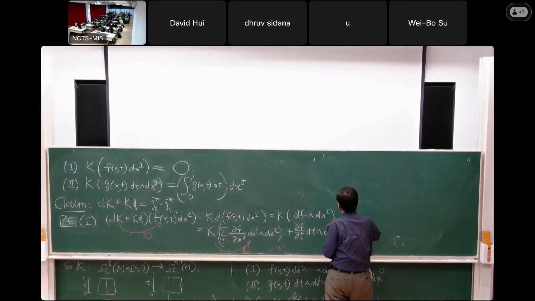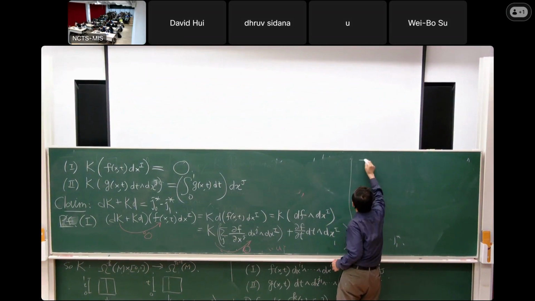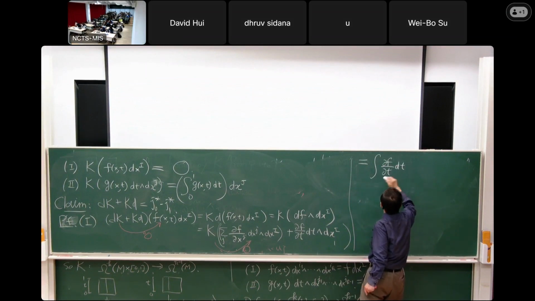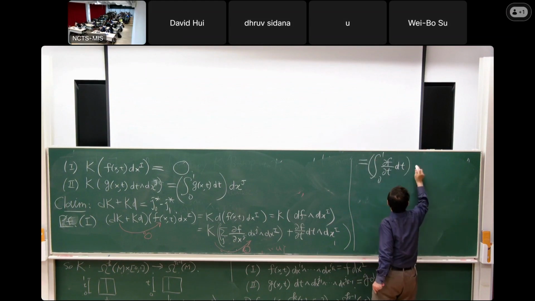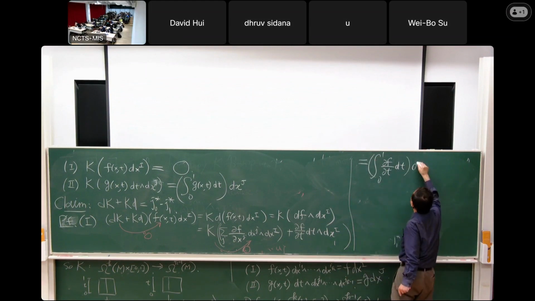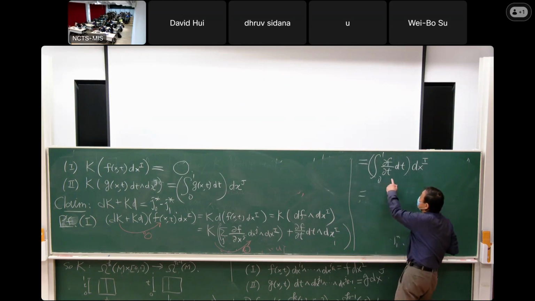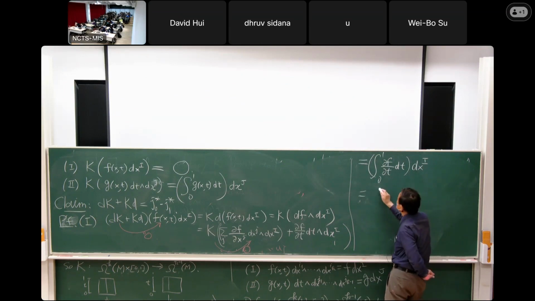So let me do it over here. I get the integral of df/dt from 0 to 1 dxi. And this, by the fundamental theorem of calculus, is f evaluated from 0 to 1.